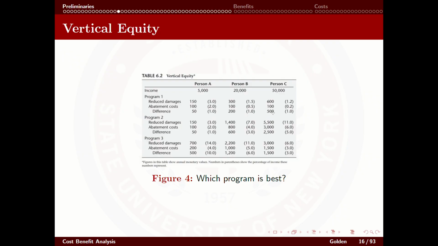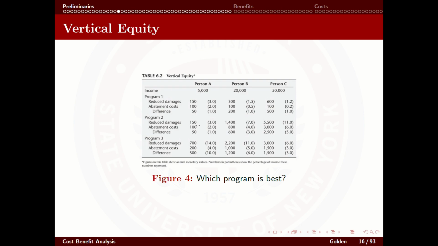So they have a big difference between their reduced damage and abatement cost, which is a big benefit to them, but it's even larger after you consider that it's a big portion of their income. And then in this next scheme, person C experiences a much larger reduction in damages.